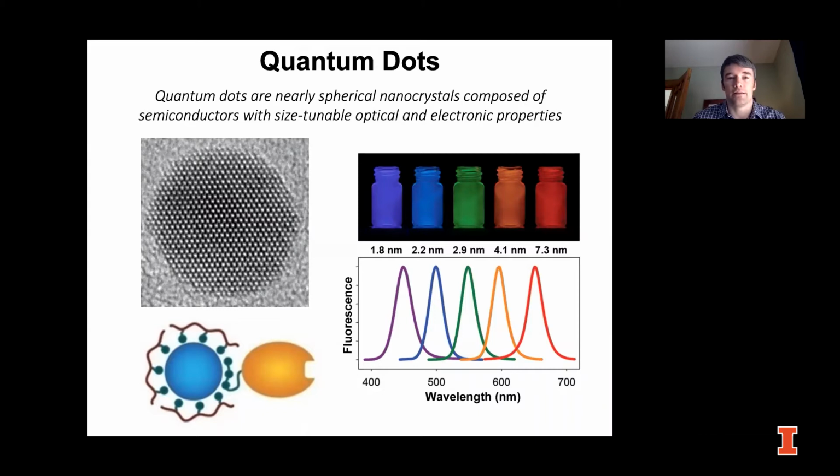Surrounding that, you have a wide range of potential coatings that can make it biocompatible, make it interact with biology in a useful way, and also allow it to bind to something with molecular specificity. That's what's depicted in this yellow to brown object that's attached to this quantum dot depicted here in blue: a molecular recognition capability.